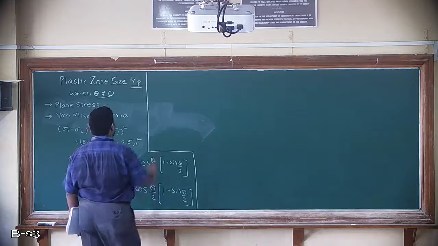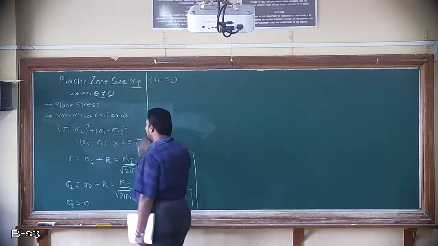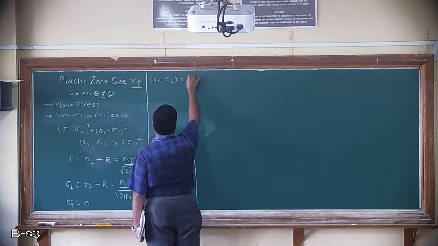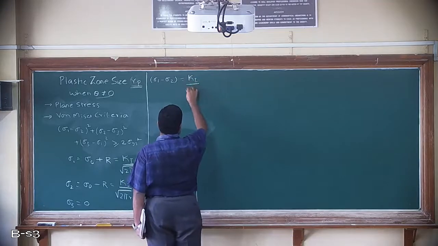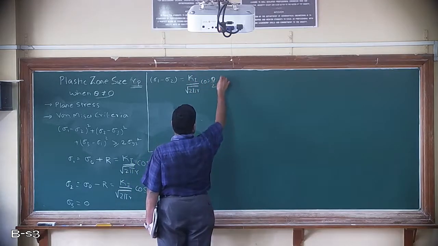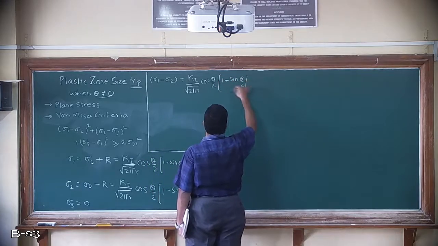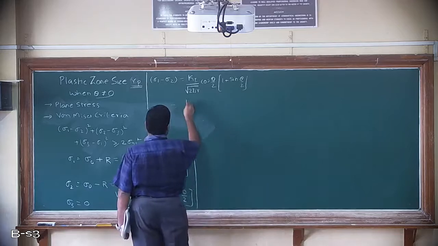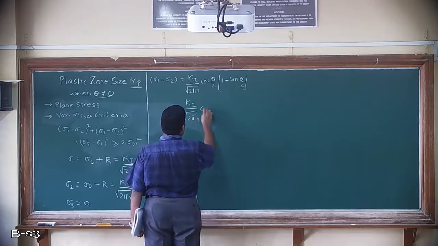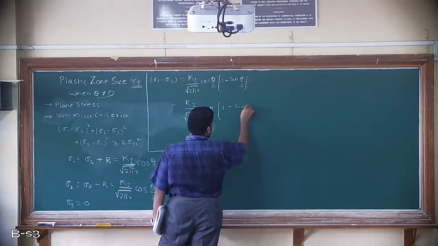First we shall take sigma 1 minus sigma 2. So in sigma 1 minus sigma 2 we have K_I upon root of 2 pi r into cos theta by 2 into (1 plus sin theta by 2), minus K_I upon root of 2 pi r into cos theta by 2 into (1 minus sin theta by 2).